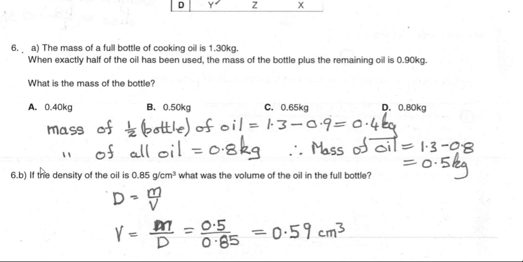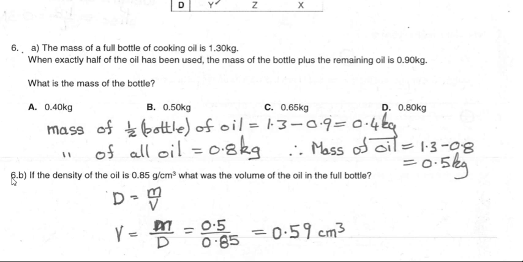Question 6. The mass of a full bottle of cooking oil is 1.30 kg. When exactly half of the oil has been used, the mass of the bottle plus the remaining oil is 0.90 kg. What is the mass of the bottle? So the mass of half a bottle of oil is 1.3 minus 0.9, which is 0.4 kg.